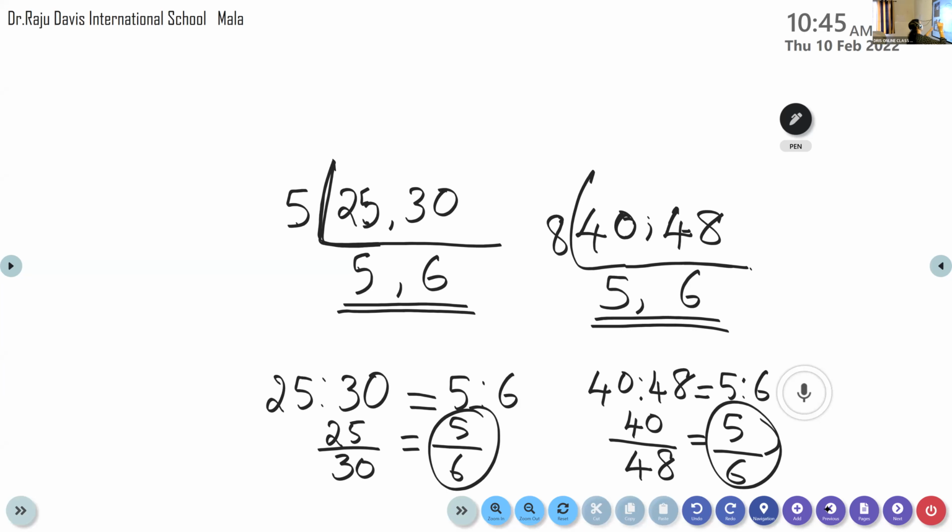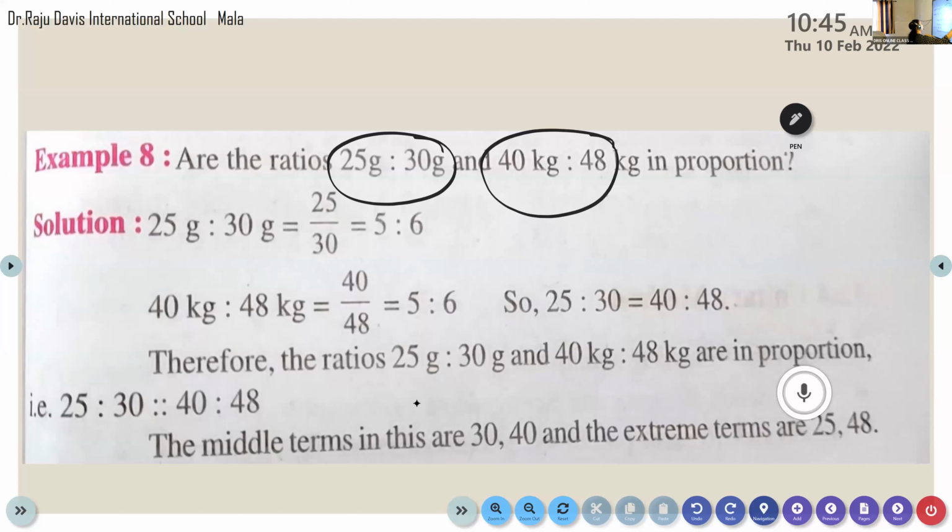Write the question from your textbook, or you can write here. Example 1. Are the ratios 25 gram is to 30 gram and 40 kilogram is to 48 kilogram in proportion? Have you written the question? Only write the question.